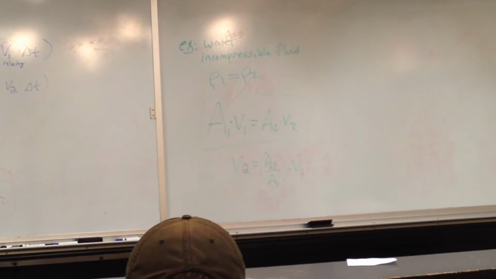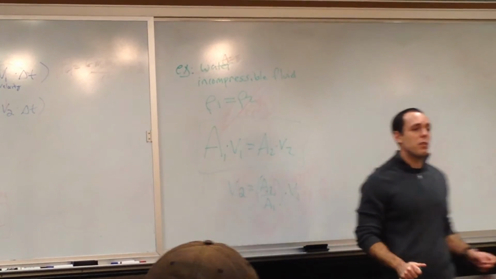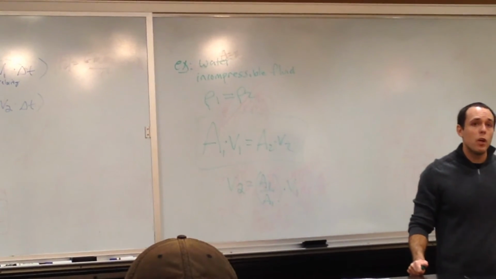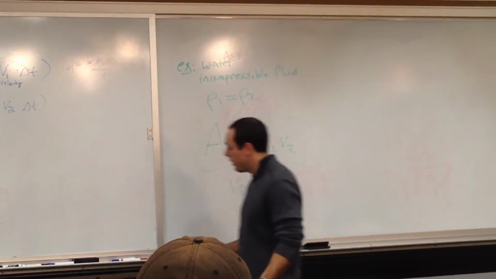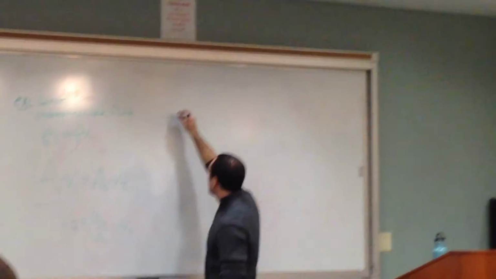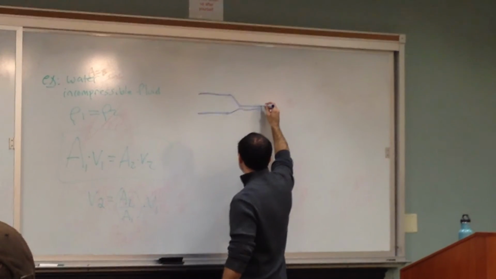And since A2 is clearly bigger than A1, that means the velocity of this fluid, if this was, say, water, would be slower in tube 2. However, let's say we did the opposite, that it was a large tube which was collapsing now into a smaller tube.